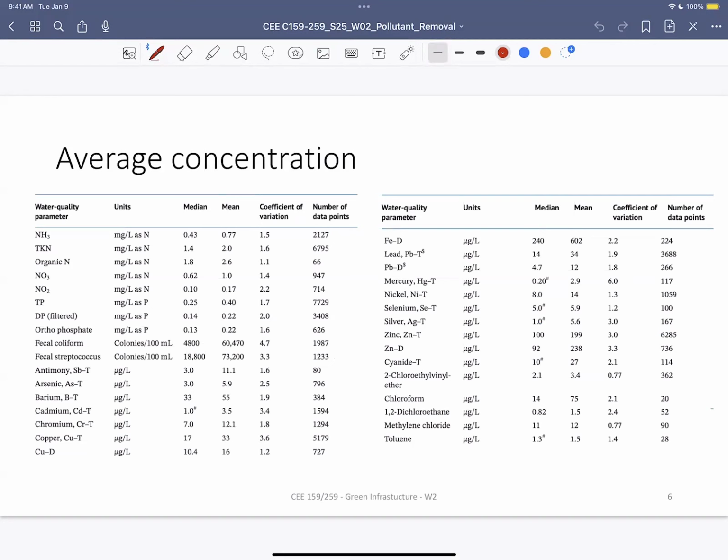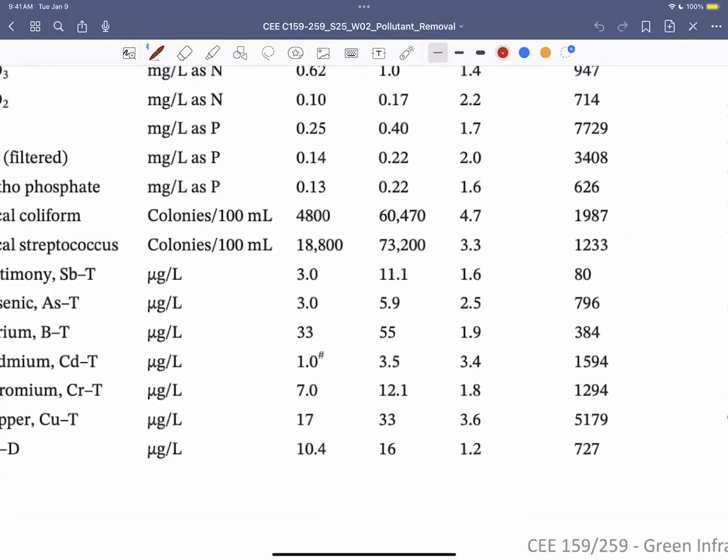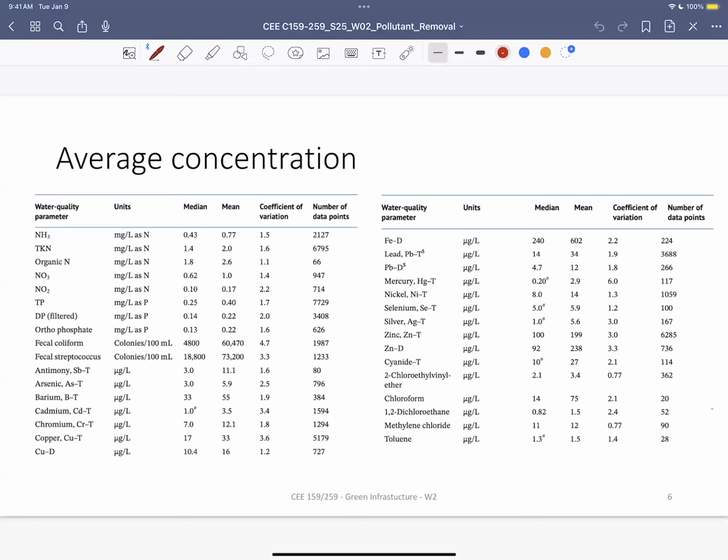That's why they are expressed as a single form. Coliform is colonies per 100 ml of water, and heavy metals are sometimes expressed as micrograms per liter. So there are many different types of units, and we are going to learn why to use each.